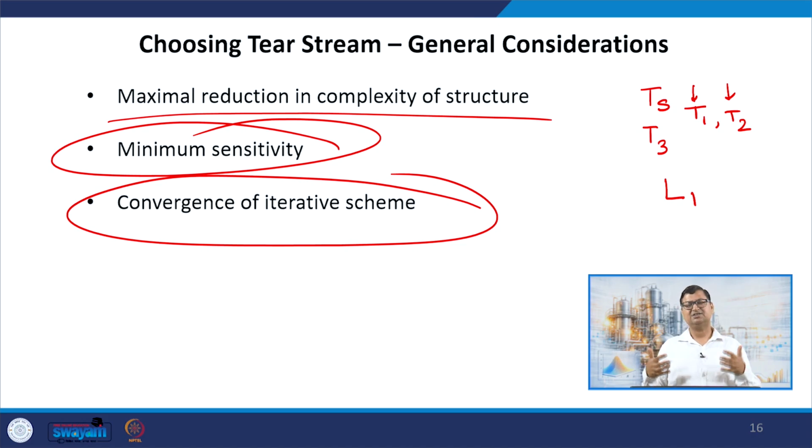What is the iterative scheme good for if it is not converging properly? So, in the end, apart from the reduction in the complexity of the structure, we also need to look at the sensitivity and the convergence of the iterative scheme to ensure that it will perform better than, let us say, solving all the equations simultaneously.